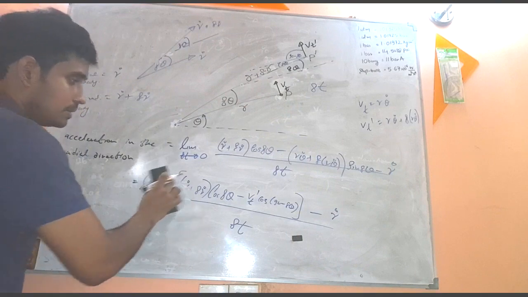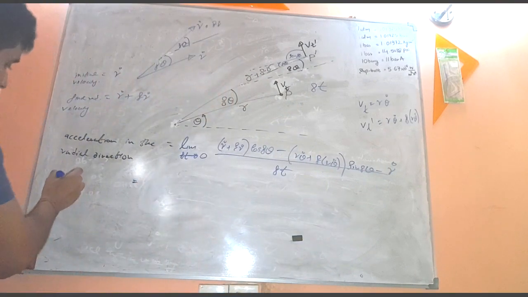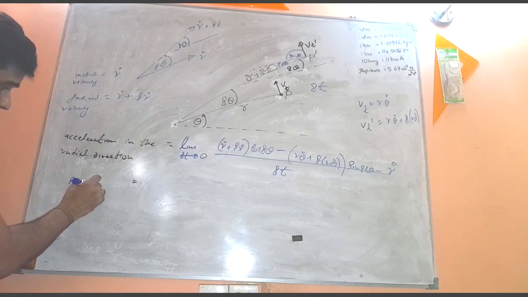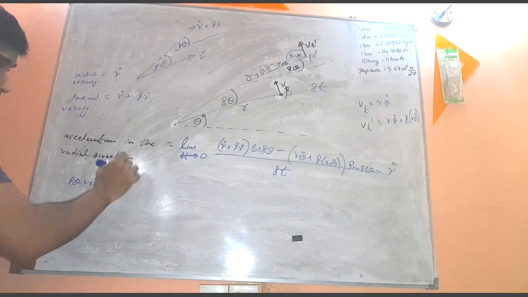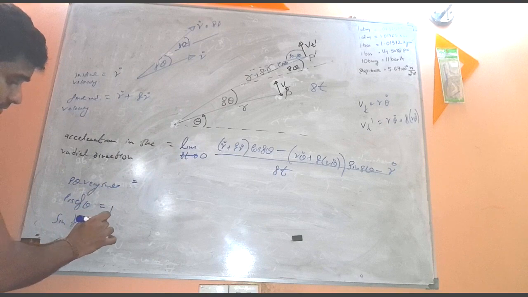Now we know that when delta theta is very small, cos delta theta is 1 and sin delta theta equals delta theta.